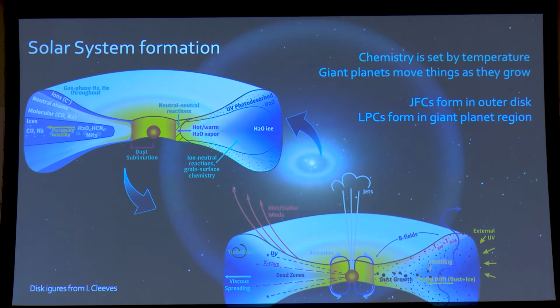And here's the problem. If you take a look at how a solar system is formed, and I borrowed this figure from Ilse Cleeves, the top image here shows gradients in temperature in the gas in a protoplanetary disk. A star system starts to form by a molecular cloud collapsing. It collapses faster near the center, so you get heating more intensely near the center.